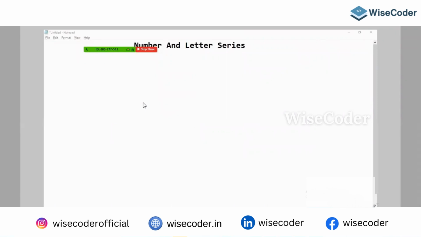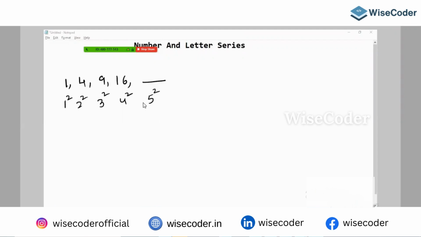For example, this is the series: 1, 4, 9, 16, dash. What is the next number? 1 square, 2 square, 3 square, 4 square. Next must be 5 square. So the numbers are squares of 1, 2, 3, 4 respectively.